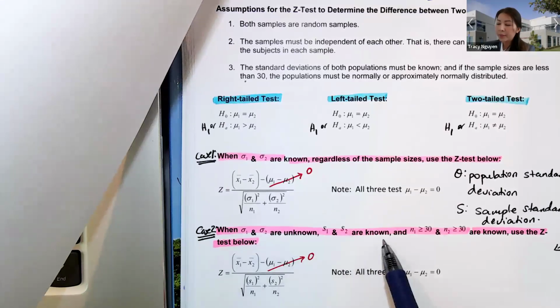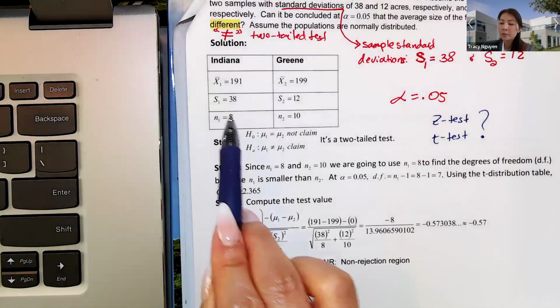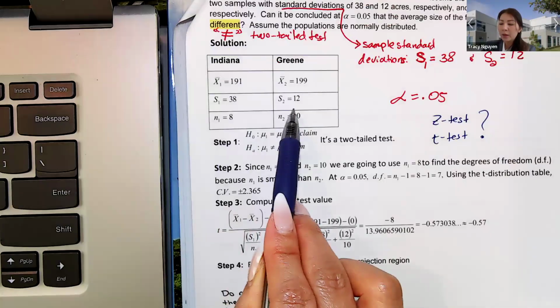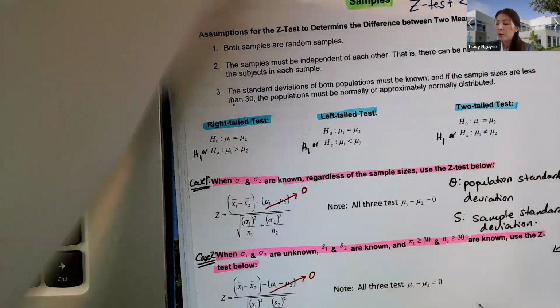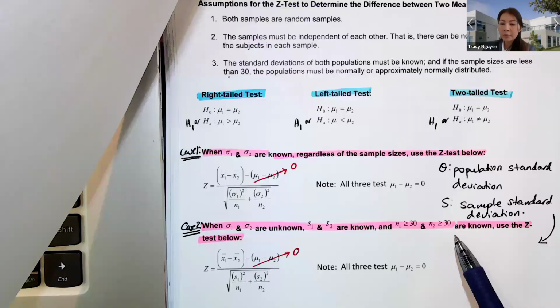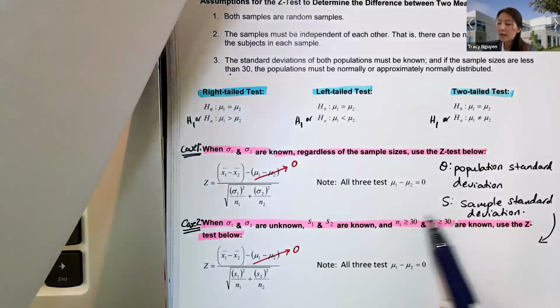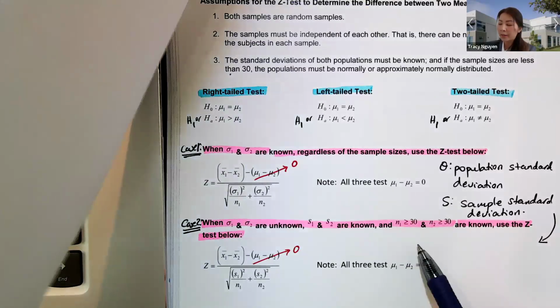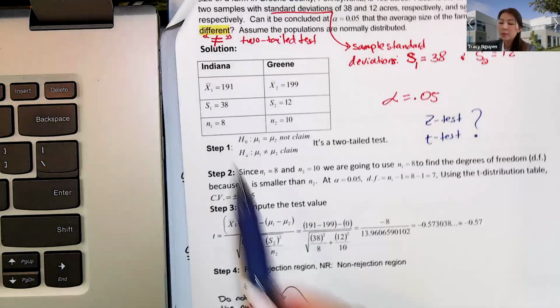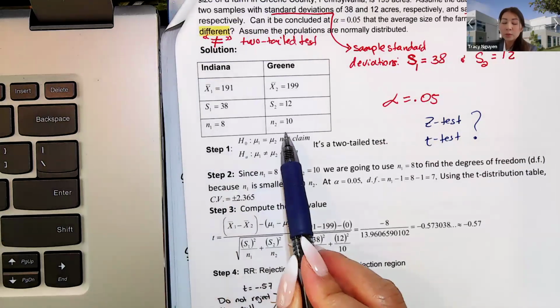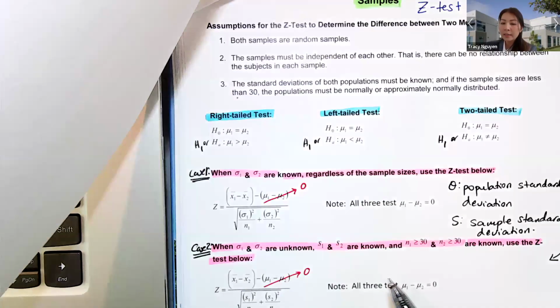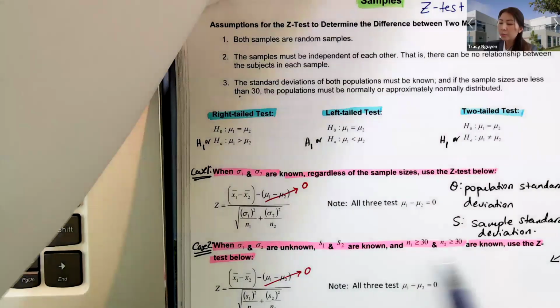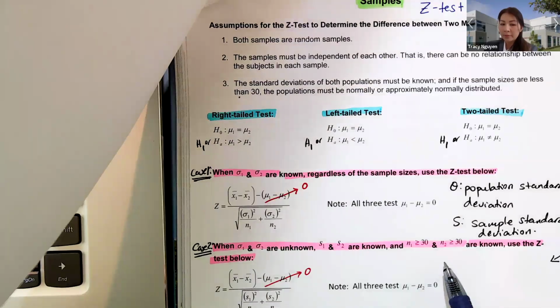S1 and S2 are known. That's true because we have S1 of 38, S2 of 12. N1 and N2 are greater than or equal to 30. We don't have this requirement satisfied because N1 is only 8 and N2 is 10. So case 2 does not apply because the N values are not satisfied.